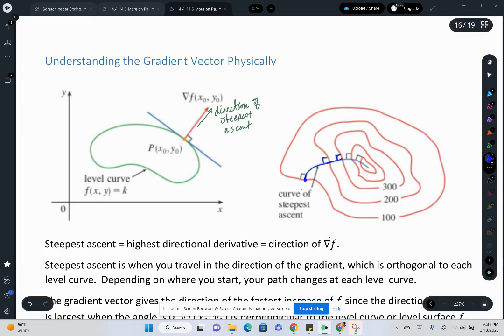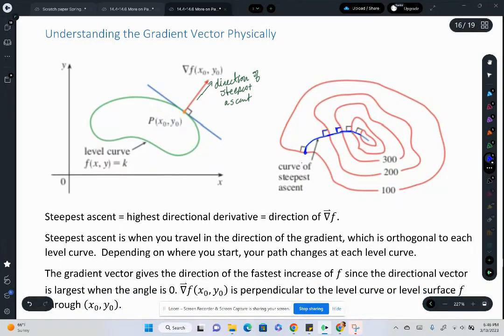When I go through that level curve and go to the next one, I have to turn a little bit to make sure that I get to the next level curve and I'm orthogonal to it. And similarly, when I move on to the next one, I have to kind of turn in order to maintain this right angle relationship between my path, my curve of steepest descent, and the level curves.